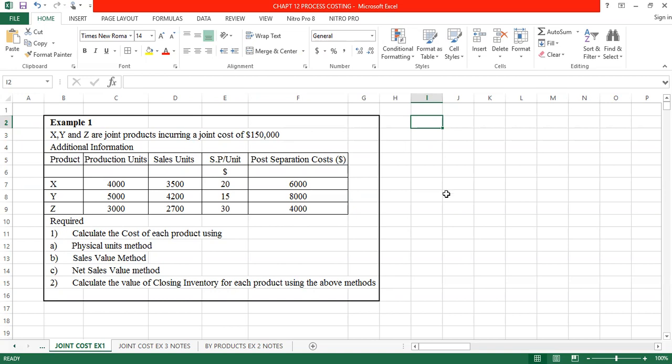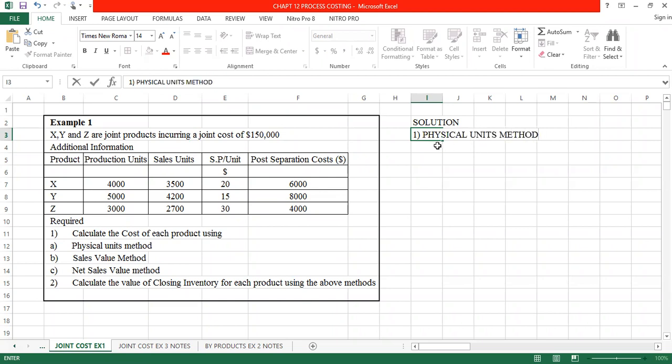As in our solution, we will start with number 1. So let me call it A, or it doesn't matter. Number 1, physical units method.